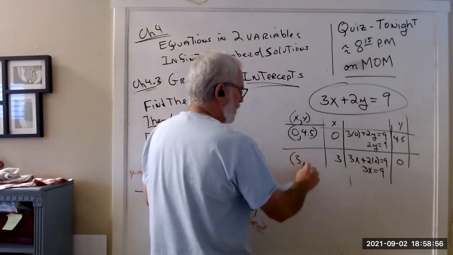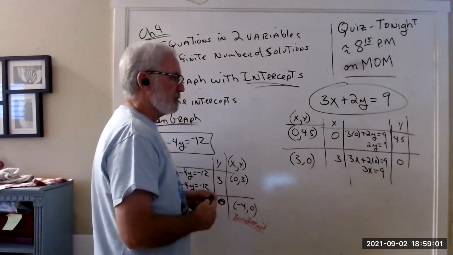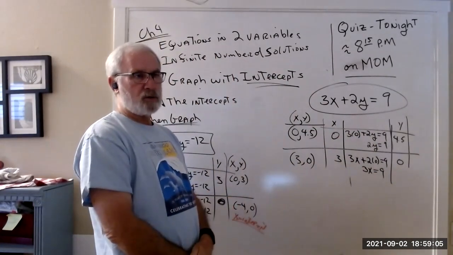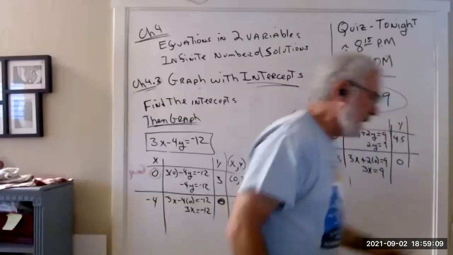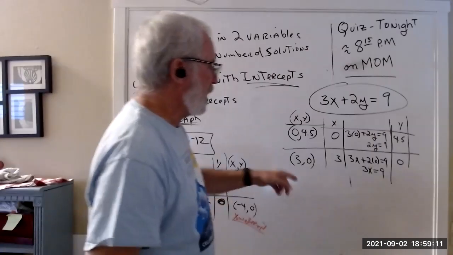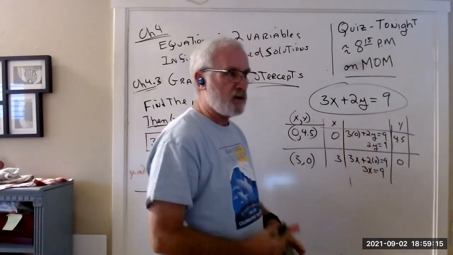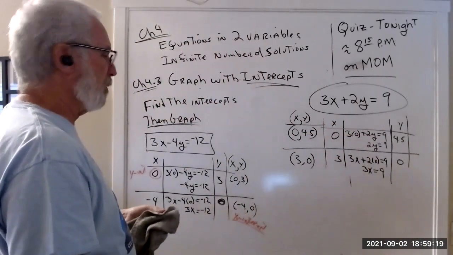So we have 3, 0, and that was the x-intercept. Is that okay for your work? For everybody? Yes. Okay, again, I'm skipping steps. I'm assuming you can do the arithmetic here and the equation solving. If you need me to slow down or explain something, I will be happy to.